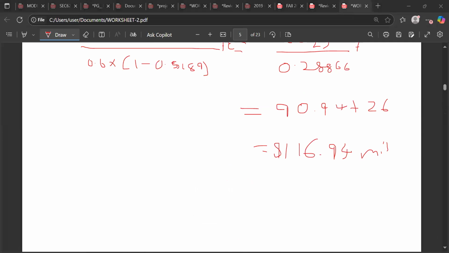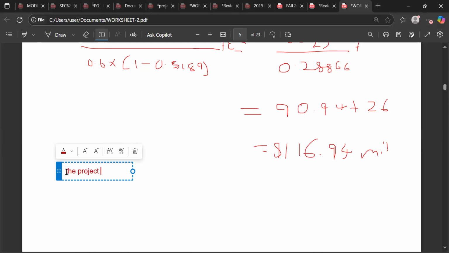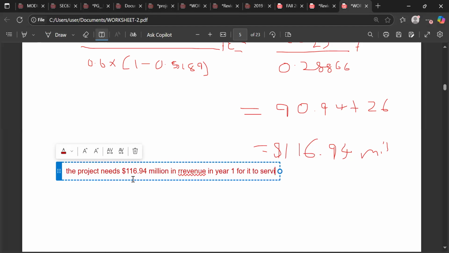So the interpretation for this is that the project needs 116.94 million in revenue in year one for it to service a debt of 350 million. Are we clear here?